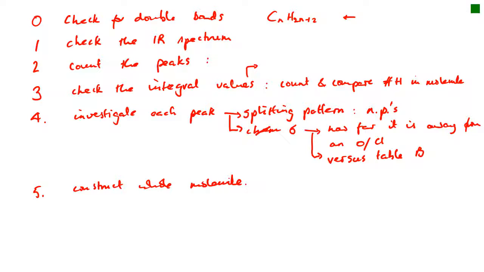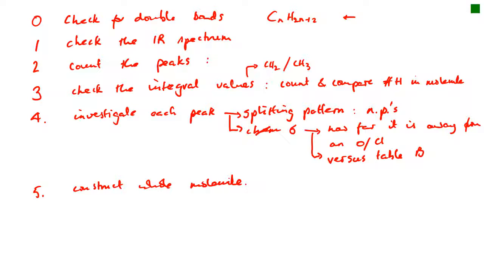So if you've got an environment with 2 protons in it, then it's going to be a CH2 group. And if you've got an environment with 3 protons in it, it's going to be a methyl group. So you can construct bits of the molecule from the integral values like that. So there we have it.